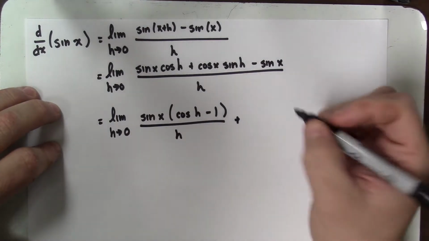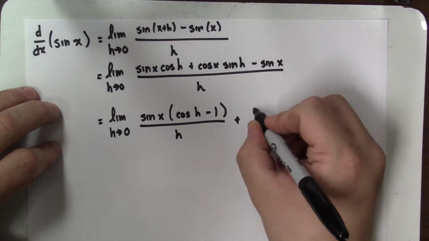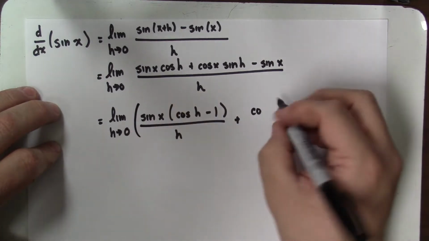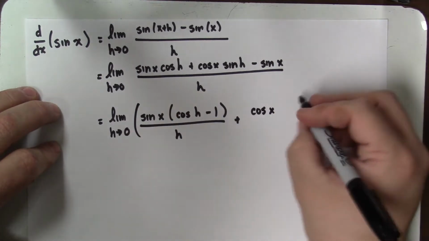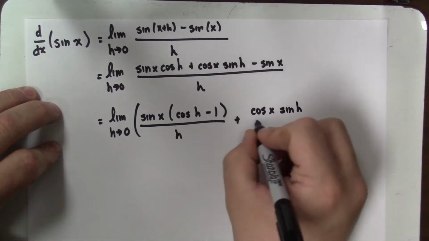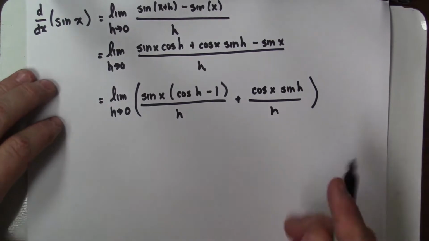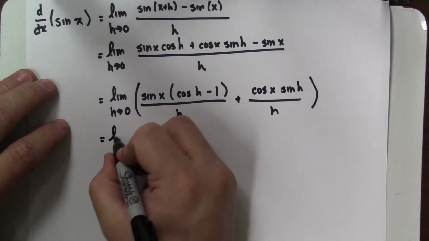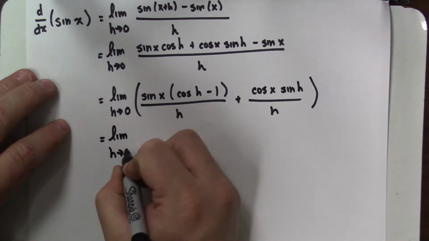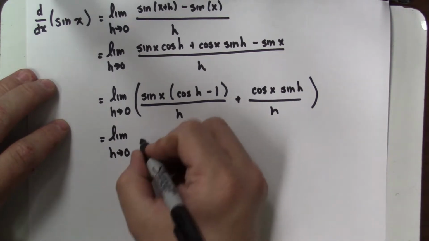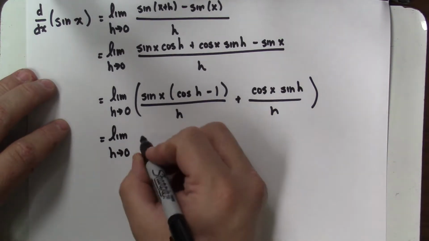And I'm going to go ahead and split this into two fractions, so that this is the limit of all that, cos x sine h over h. Now, our limit sum rule says that this is exactly the same as this. So I'm going to be a little tricksy here.